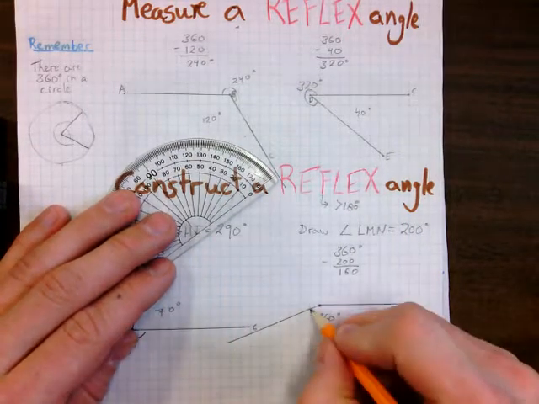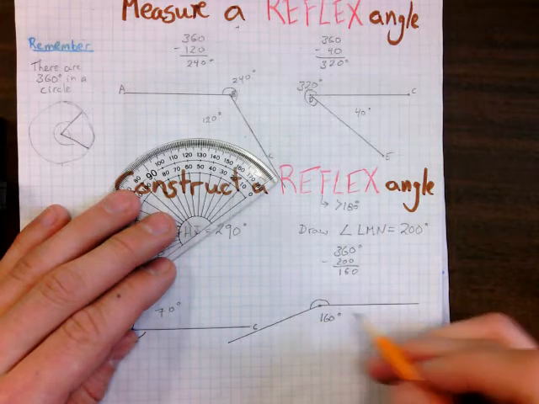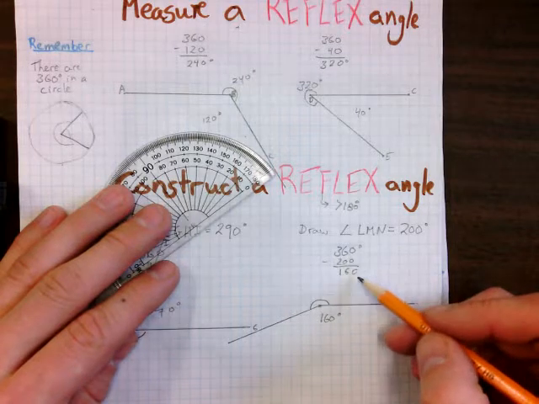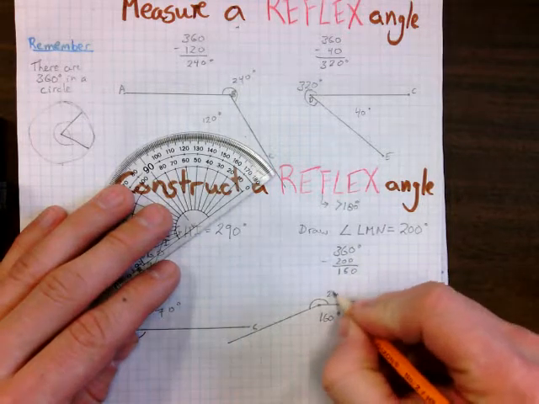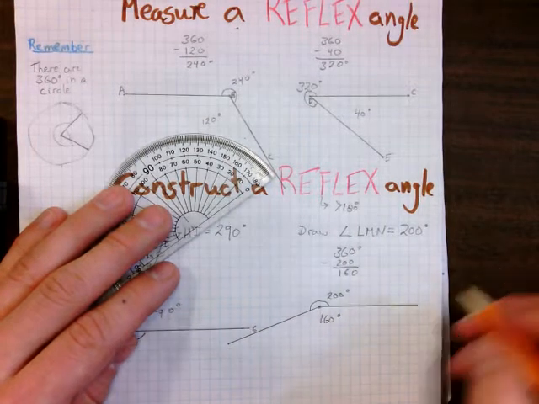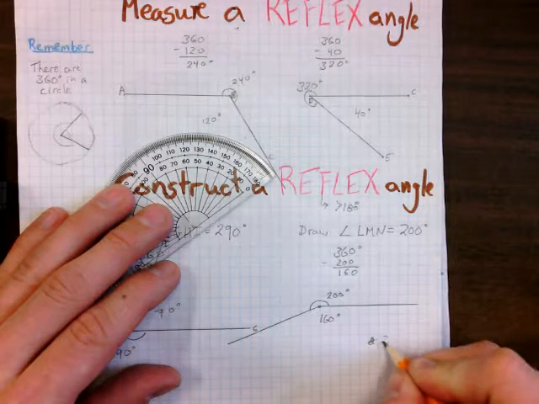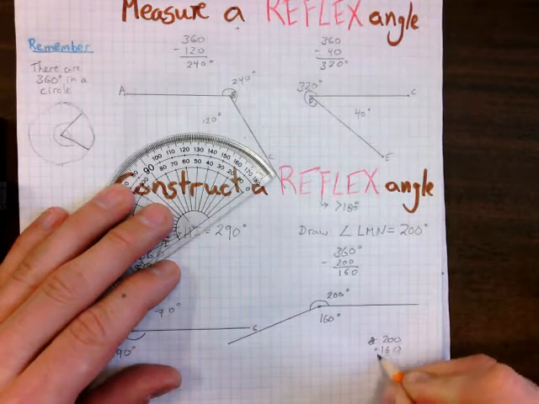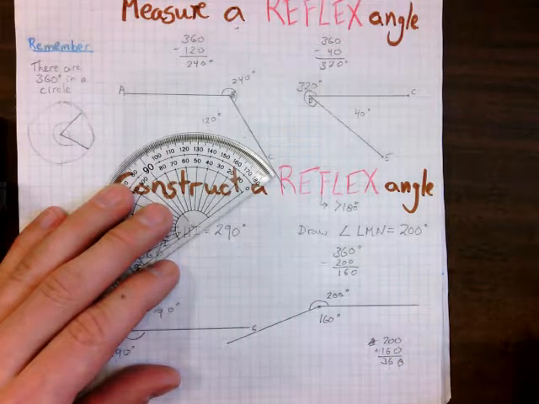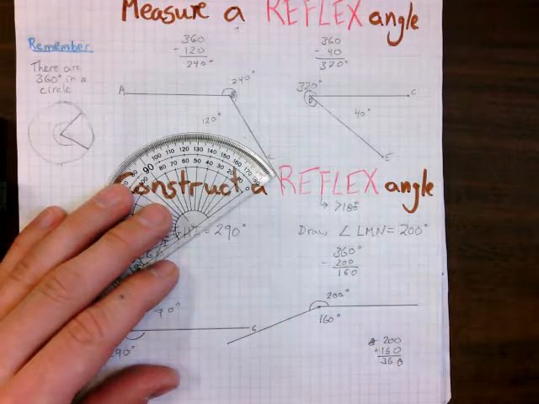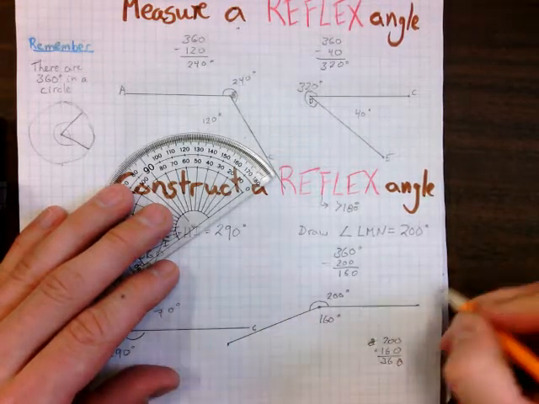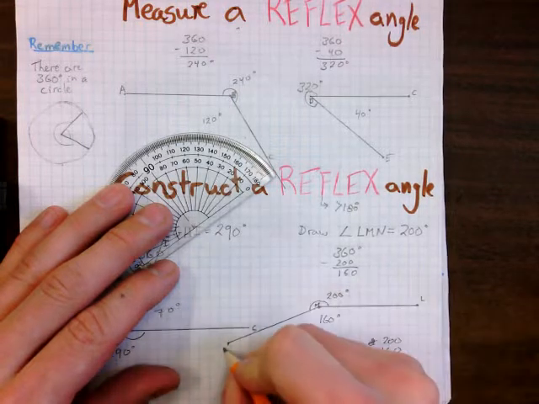But what we're actually going to label is the outside angle, which is what? It's whatever we subtracted from 360. So that's 200 degrees. Do they add up to 360? 200 plus 160, yes, that equals 360. We can check. Yes, they equal 360. So this is the reflex angle for 160. Okay, and last thing to do is just label them. L, M, N.